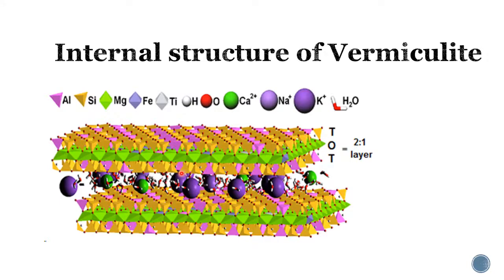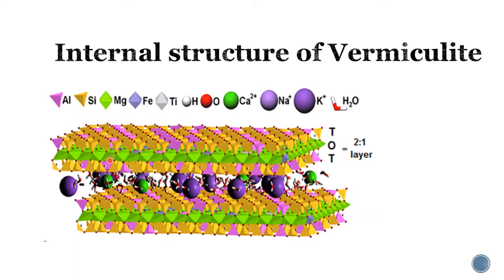Now if you see here, the most prominent color in this picture is the yellowish mustard color, which shows the silicon tetrahedron. Now you can see they are connected with each other and stacked up. The topmost layer is of silicon tetrahedron with some aluminium with them. These red balls are oxygen, and the silicon is surrounded by these four oxygen.